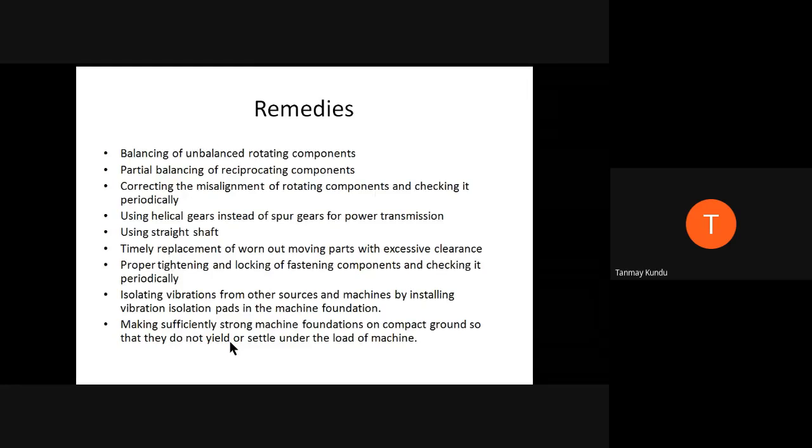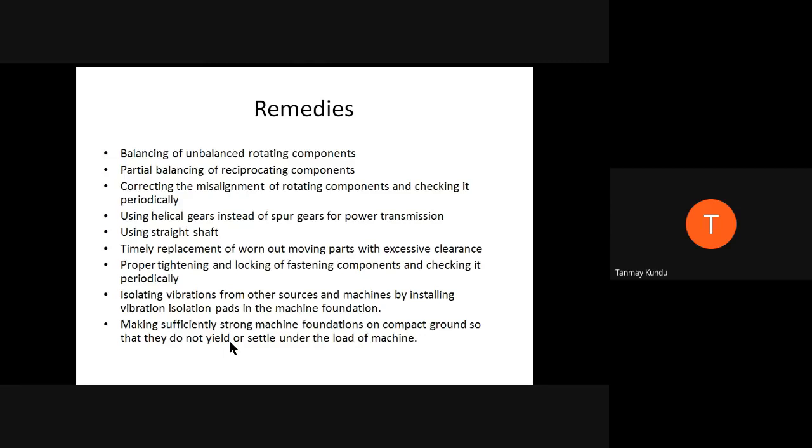The second is the partial balancing of the reciprocating components. The third one is correcting the misalignment of the rotating components and checking it periodically. Here the periodic maintenance part is coming. A maintenance team has to observe whether all the parts are at their place, whether any part is misaligned, or whether any part has come down from or shifted above its original position.